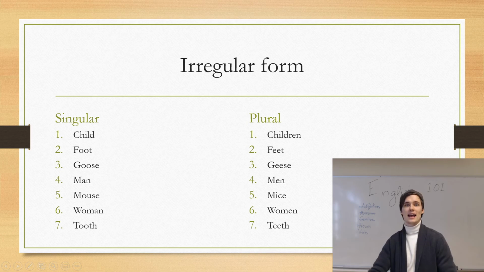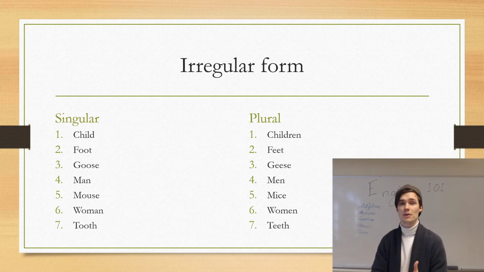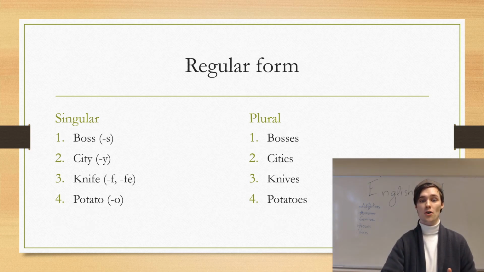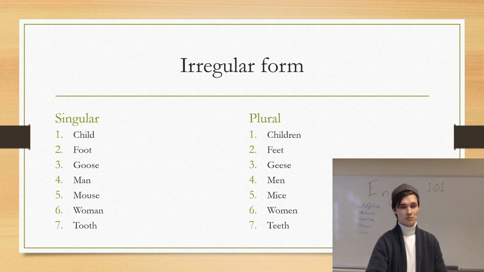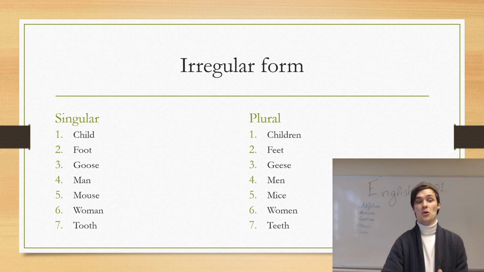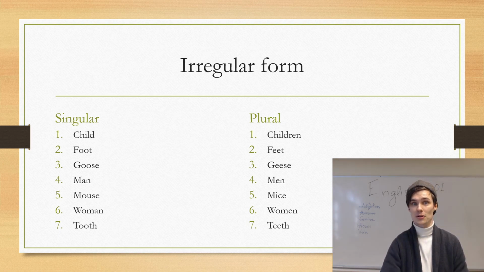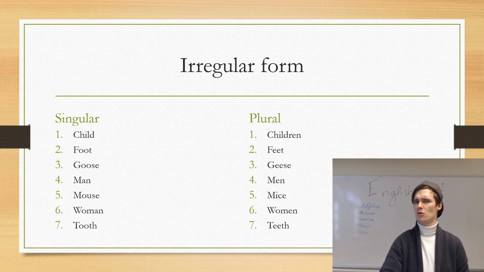They are like exceptions to the rules. They are all nouns, but they do not follow the rules as we saw in this slide. So you can just pause it here, check these ones out, and there are a lot more irregular forms of nouns, so you can check those out. You will come across them, but this is how some very popular ones can look. Let's move on, shall we?